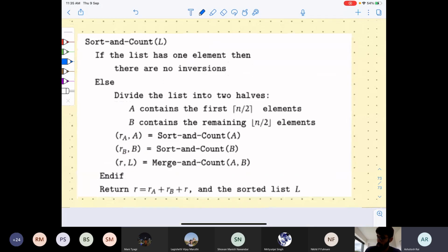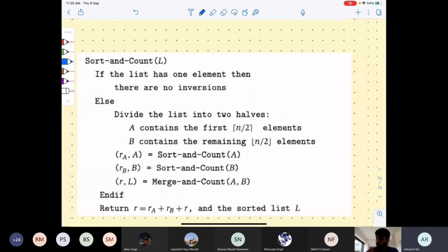So let's look at the sort and count procedure. What does it do? If the list has one element, then there are no inversions. So this is just the base case, right? And then it says divide the list into two halves.